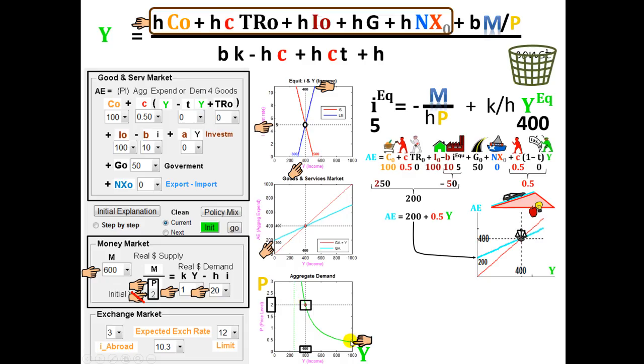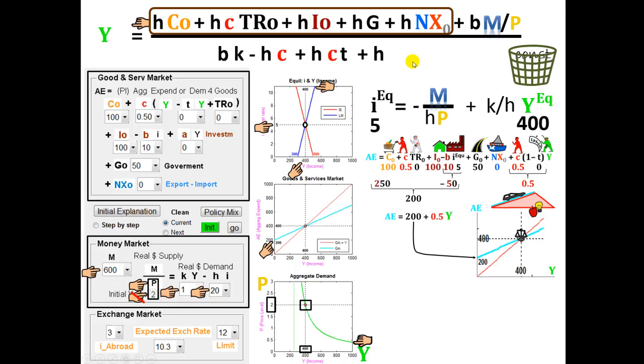Okay, one more thing. Why is the shape of this aggregate demand curve like this? Well, I may make another video perhaps to show it more formally, but just to give you a very intuitive idea, in this term here everything is constant. Some values you take from the goods and services market, and H, etc., you take from the money market, but all of these are constant.